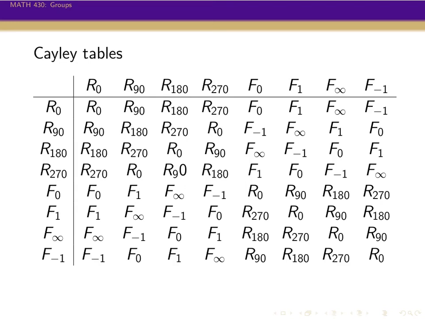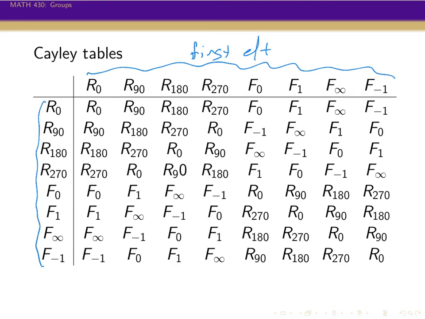In the way that I set this up, the top row is the element that we're applying first, and the first column represents the second element.